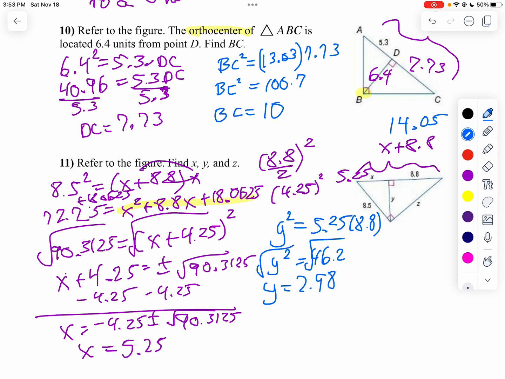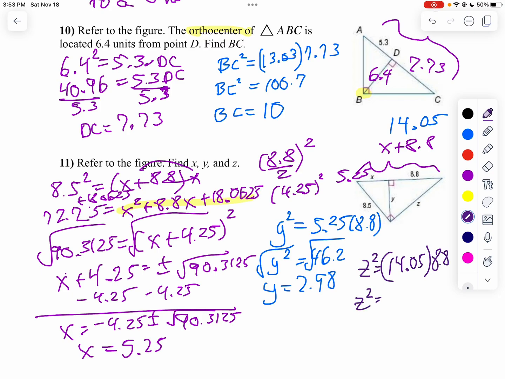And then to find z is going to be my geometric mean, so that's when I square, between the entire hypotenuse, which I know now is 14.05, and the part of the hypotenuse that's adjacent to z, which is 8.8.